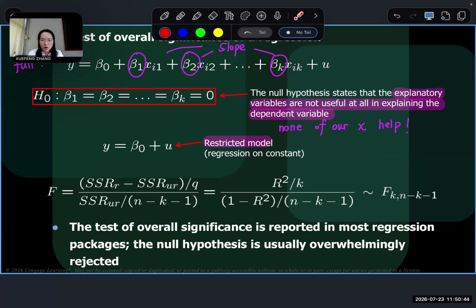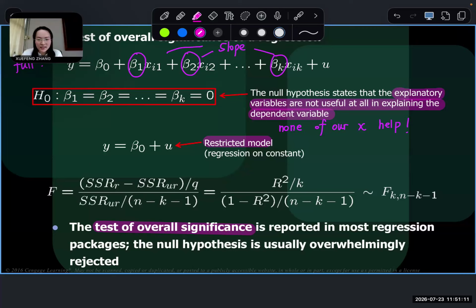This is called the test of overall significance, okay? The overall significance. And every regression package reports it automatically. Every time you run a regression, you get R squared for sure. In practice, it's usually overwhelmingly rejected, all right?